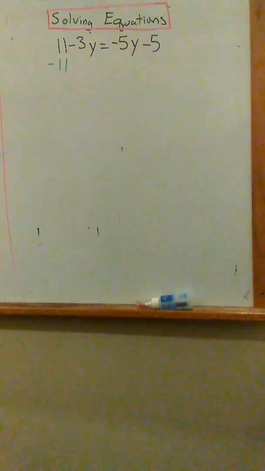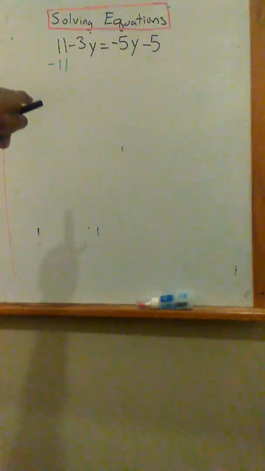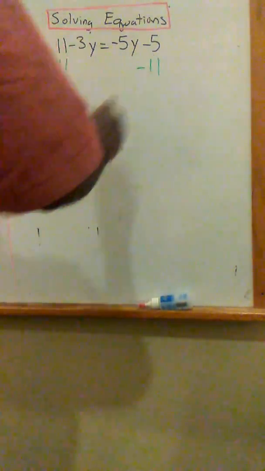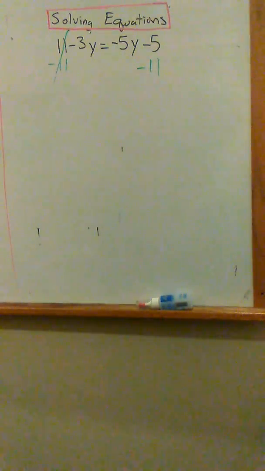Some students will just do that and keep going. It's like, no, no, no. Do it to the left-hand side, and you've got to do it to the right-hand side. Okay, so positive 11 minus 11 just cancels. That's 0. So it's negative 5 minus 11. Negative 5 minus 11 is how much?